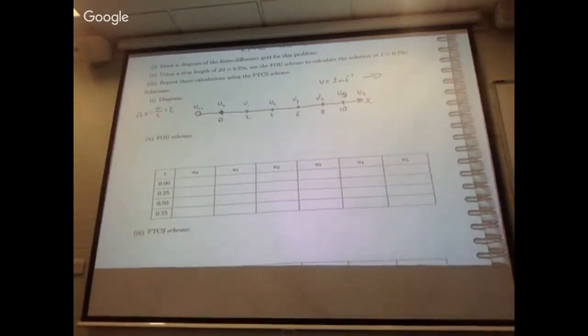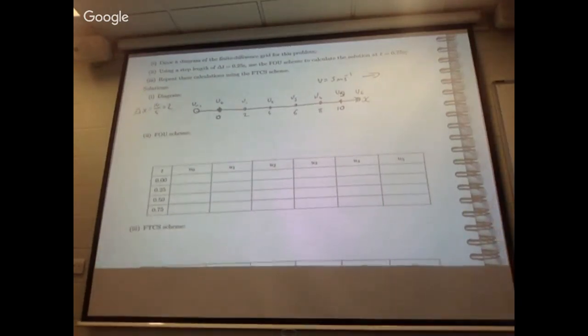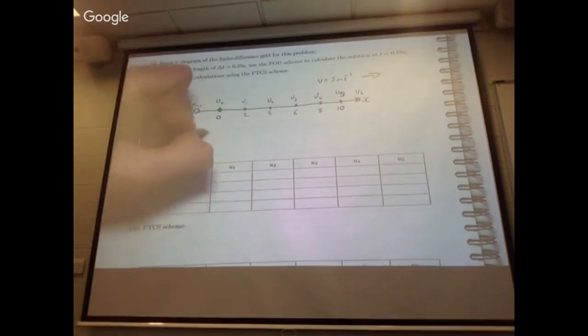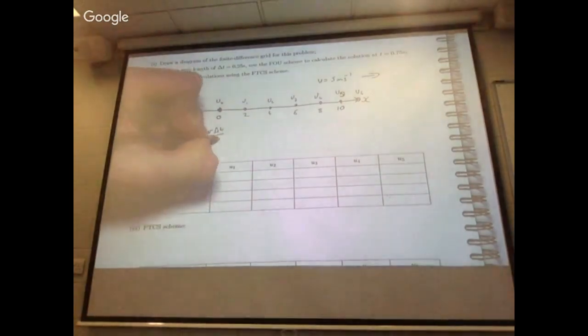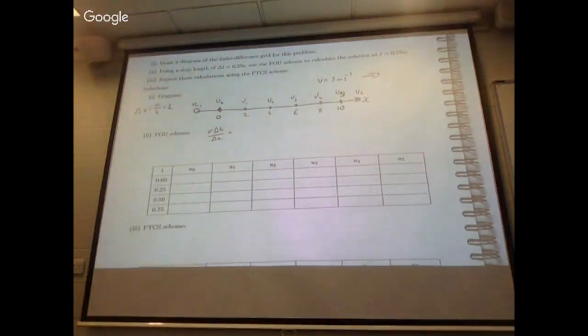Okay, so for the first order upwind scheme, we know we're going to be using a constant time step of 0.25 seconds. And we know that the velocity is 5, and we know delta x. So we can calculate v times delta t over delta x. The reason I'm calculating this is that it's the coefficient in our scheme.